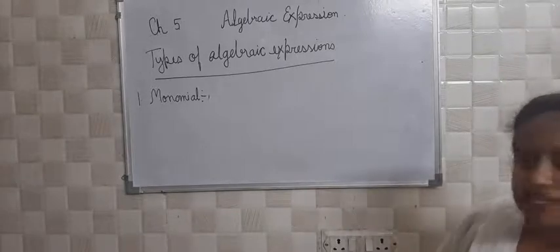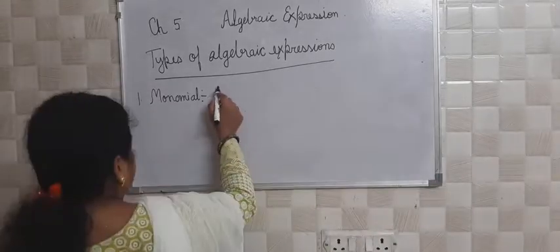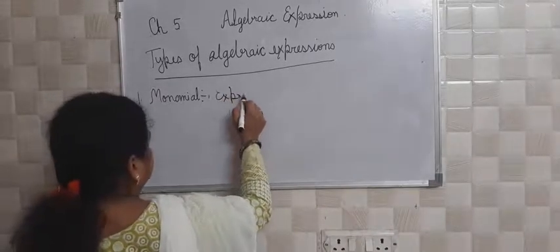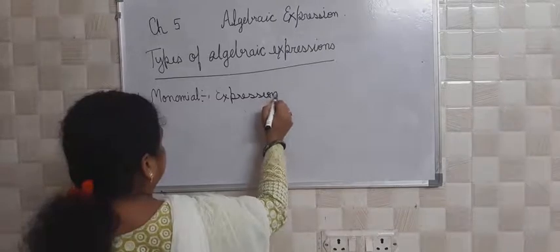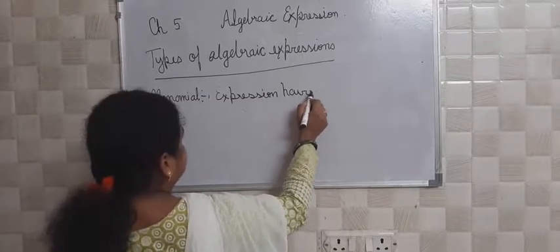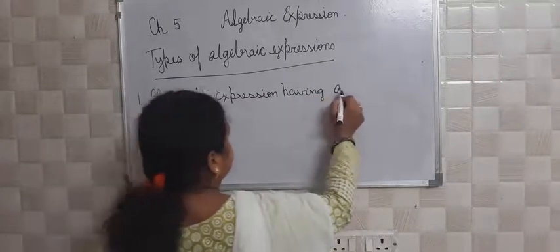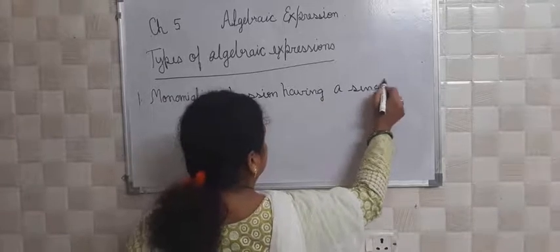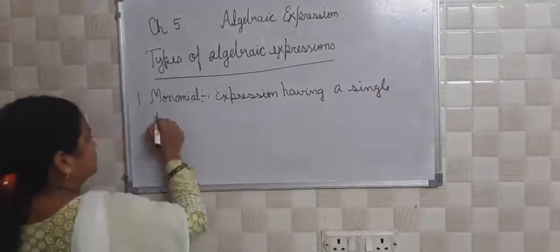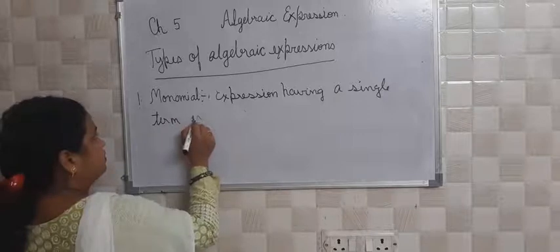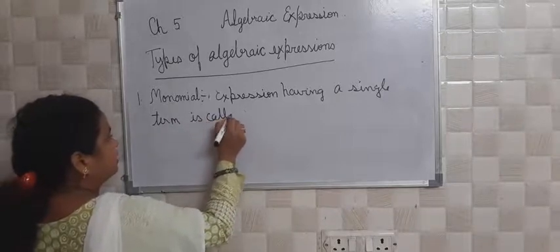In short, an expression having a single term is called monomial.